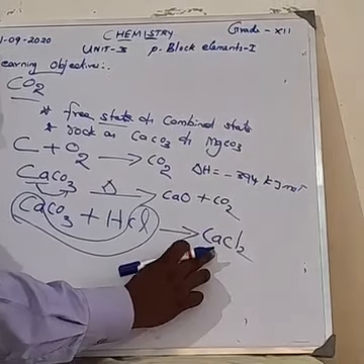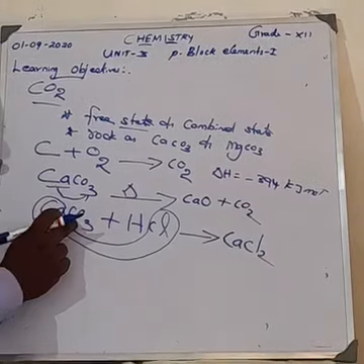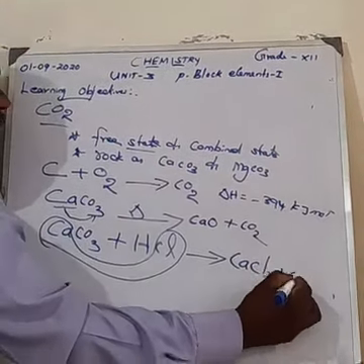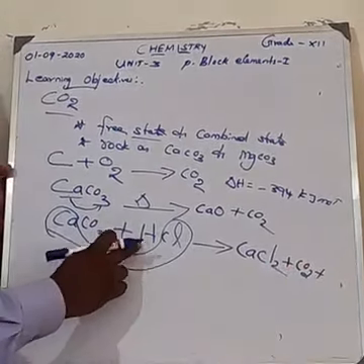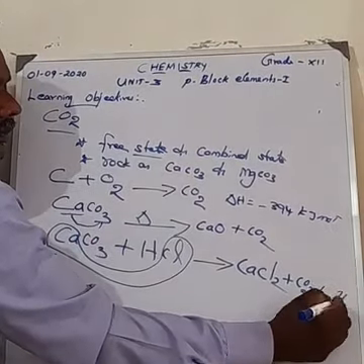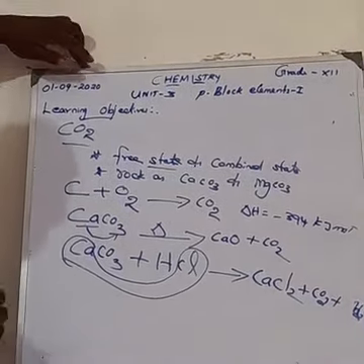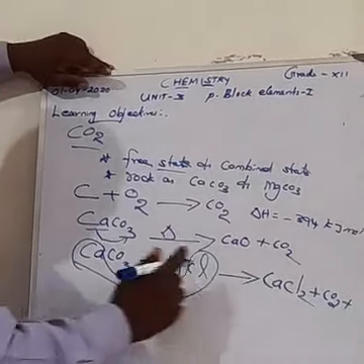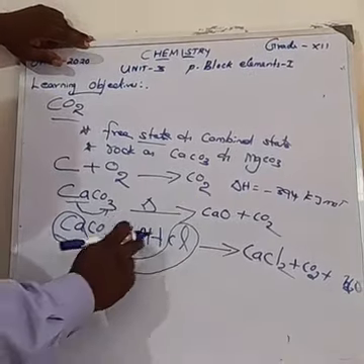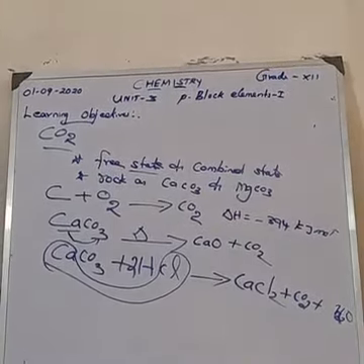CaCl2. And also carbon dioxide, that is CO2. Hydrogen combines with oxygen to form water. Then how can we balance the equation? There are 2 chlorines, so make it 2 here. 2 hydrogen. Now the equation is balanced.